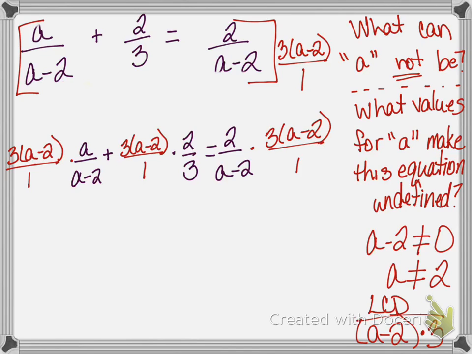A minus 2 times a minus 2, so we are left with 3 times a.